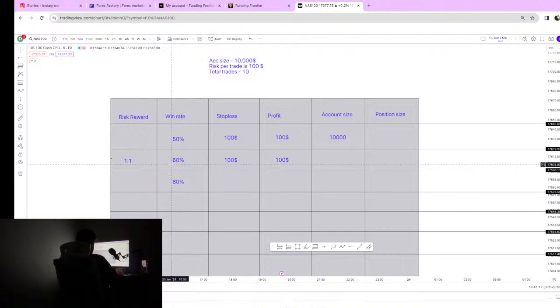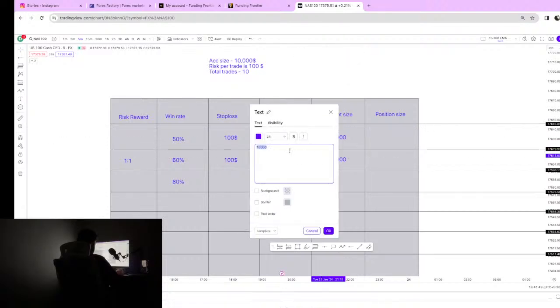If your win rate is 60%, 6 trades you will be winning. That means 6 into 100, what is that? 600. 4 trades you will be losing. How much you are losing in one trade? $100. That means 400 is minus. Net size is plus 200. Net account size remains 10,200. Clear? I hope this is clear.